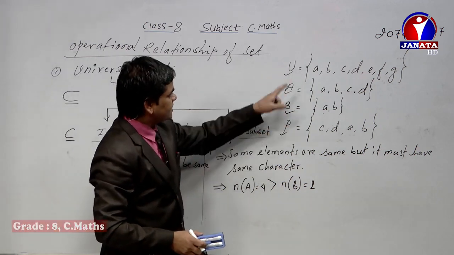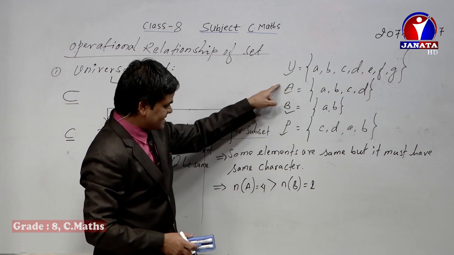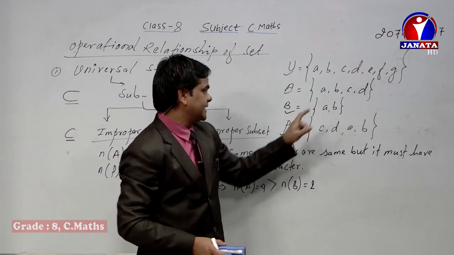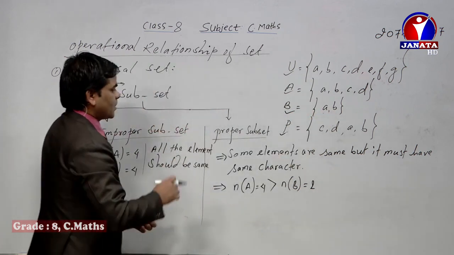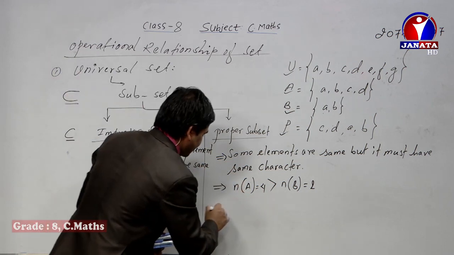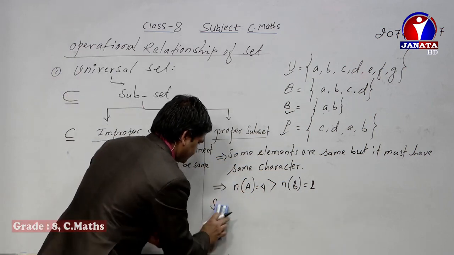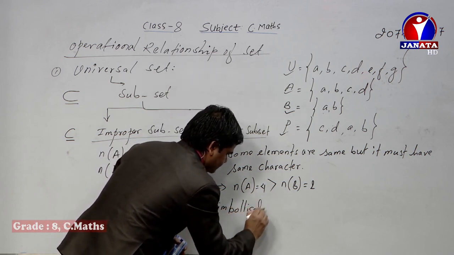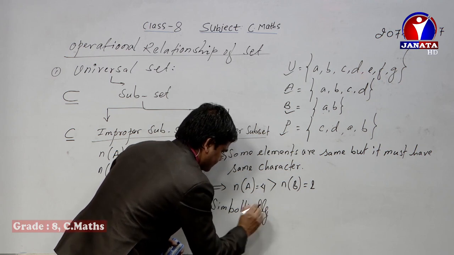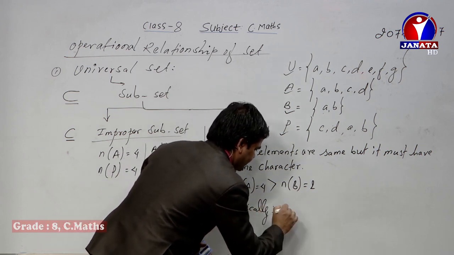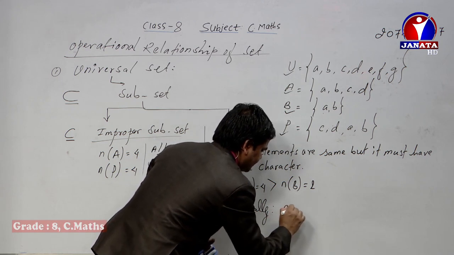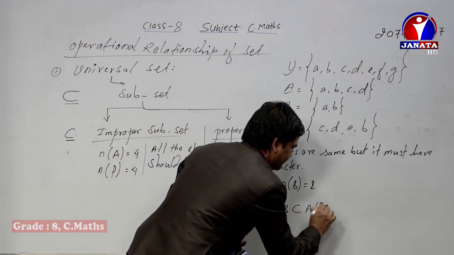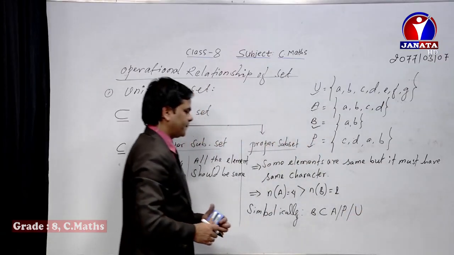Because the universal set, set A, and subset P all have the elements which are in set B. So set B is known as the proper subset, and it is denoted symbolically as B is the proper subset of A, either A, P, or the universal set.